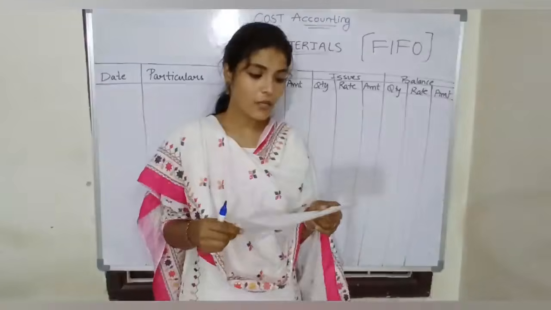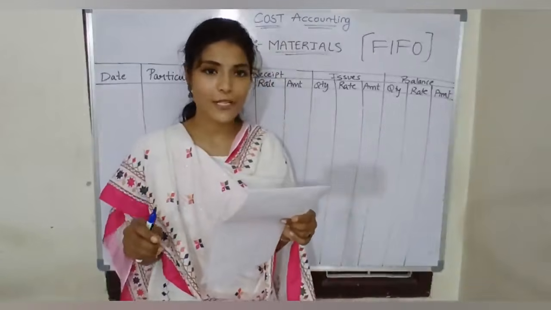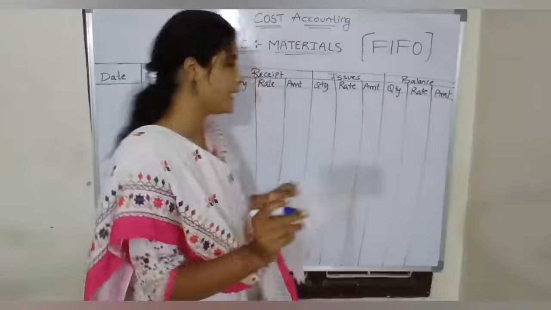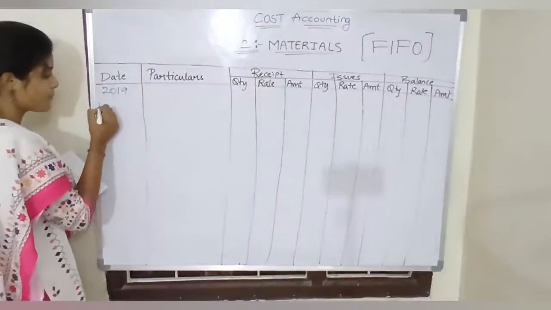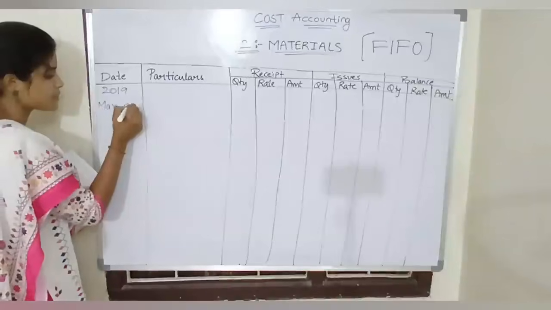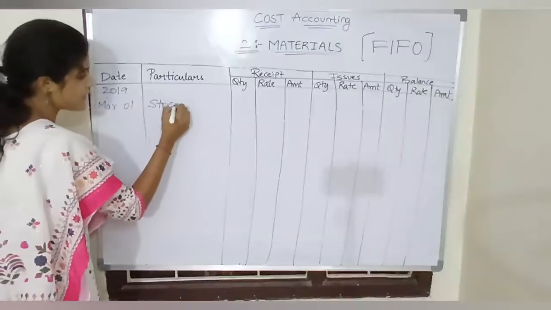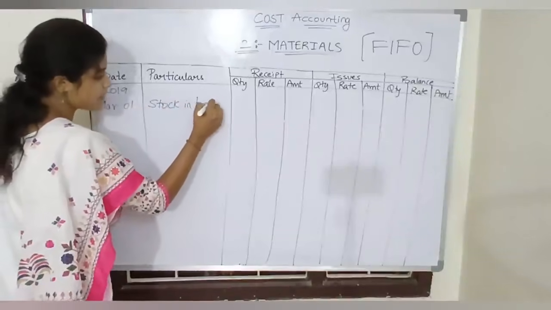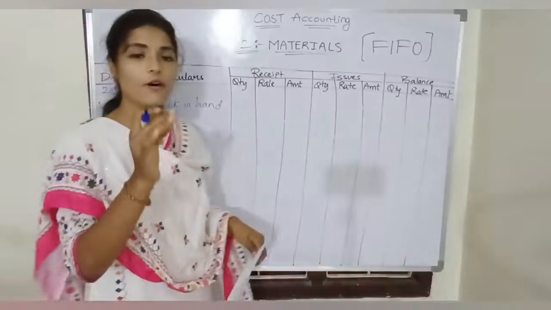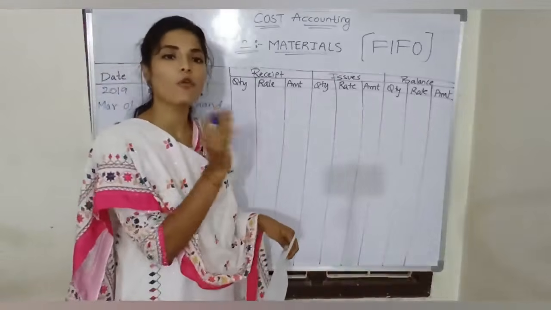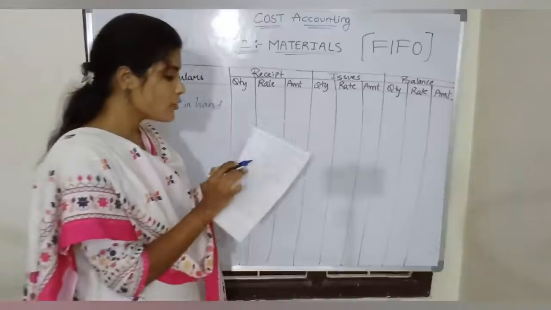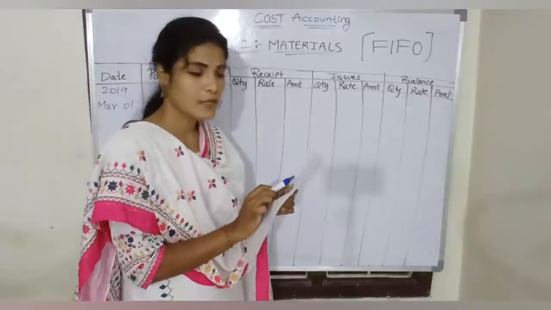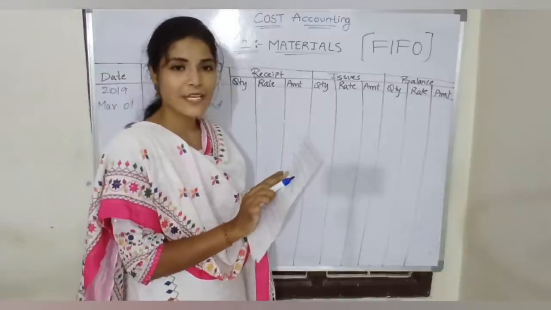In your question, stock in hand on 1st March 2019. Stock in hand is the amount of goods you have in your go down. It is treated as a receipt. How many units are there? 800 units, each unit is 8 rupees.